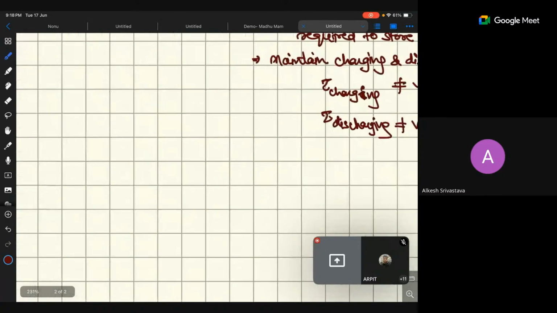Okay. Second, the problem is the op-amp offset voltage. What is the meaning of op-amp offset voltage?